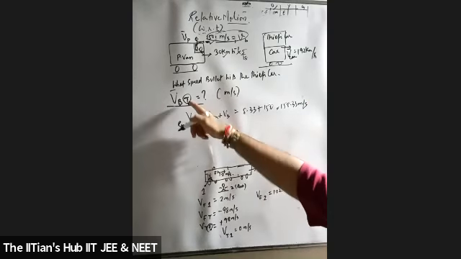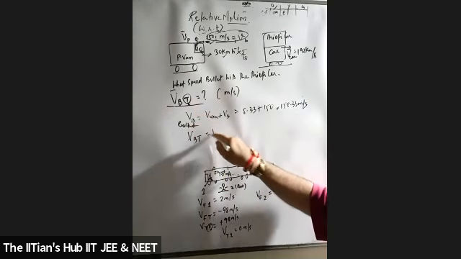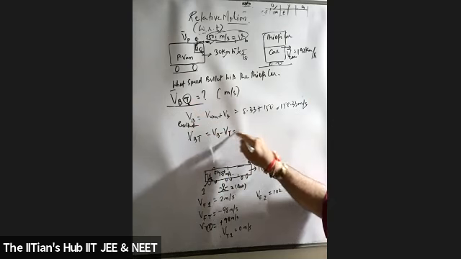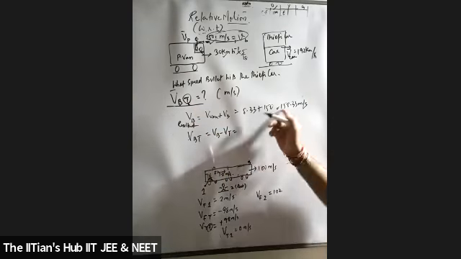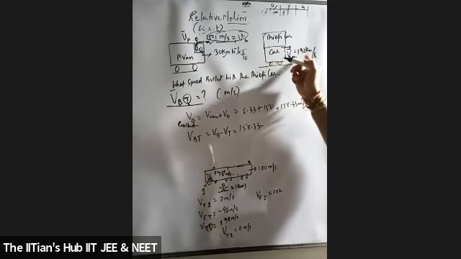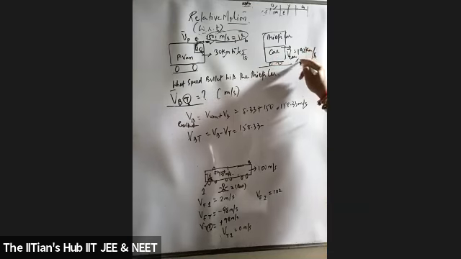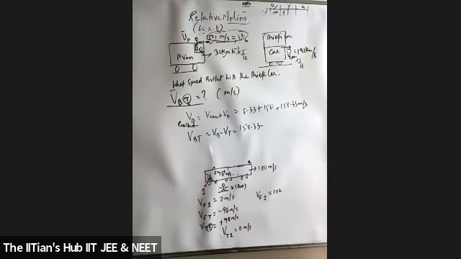Now what is the question asked? Velocity of bullet with respect to thief. It's VB minus VT. That means 158.33 minus the velocity of the thief's car. Convert 192 into meters per second: 53.33.